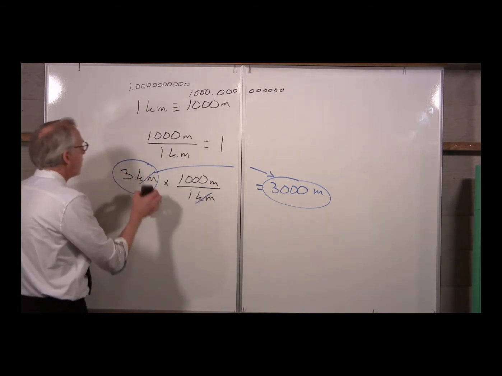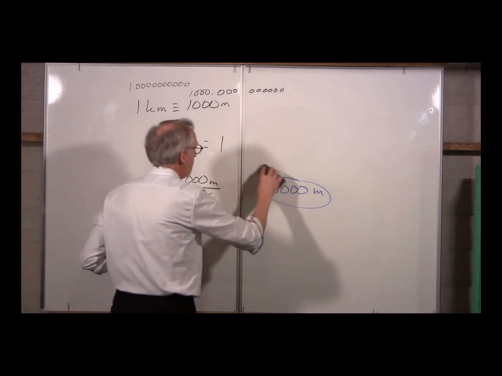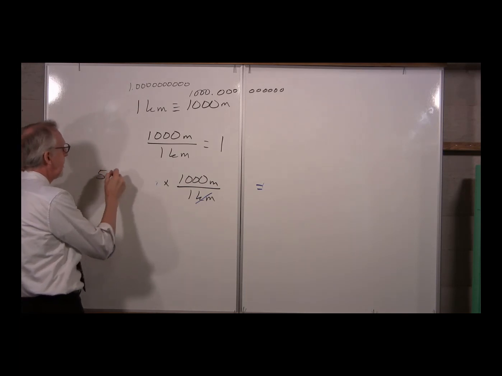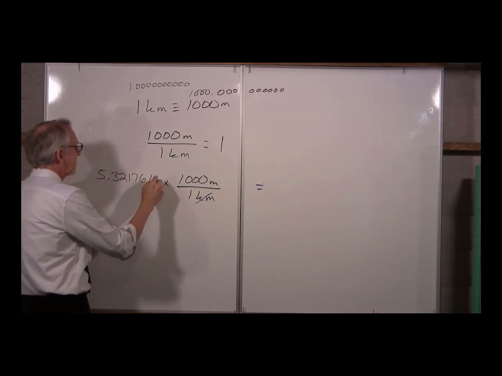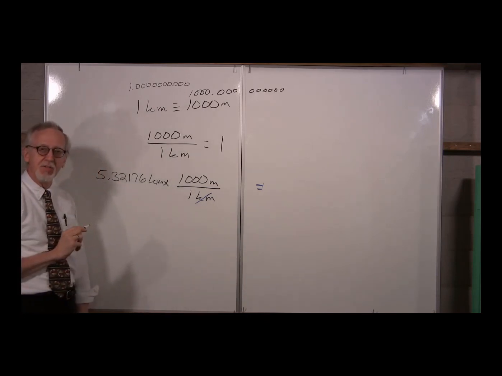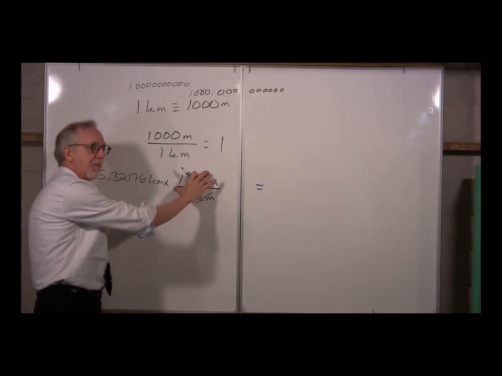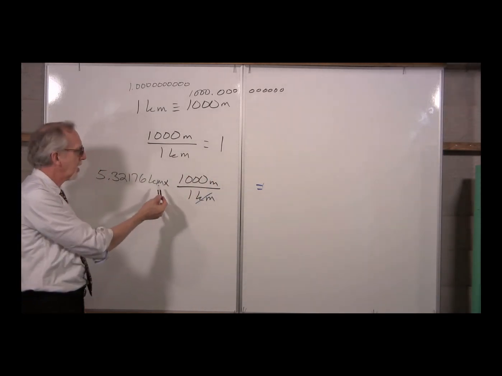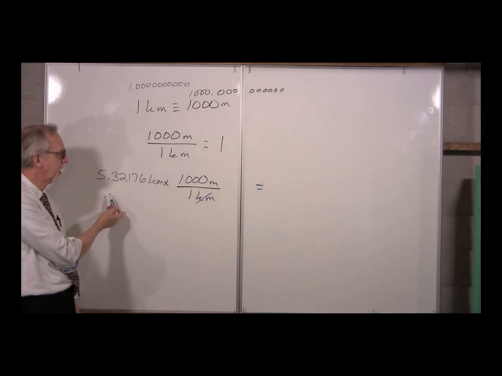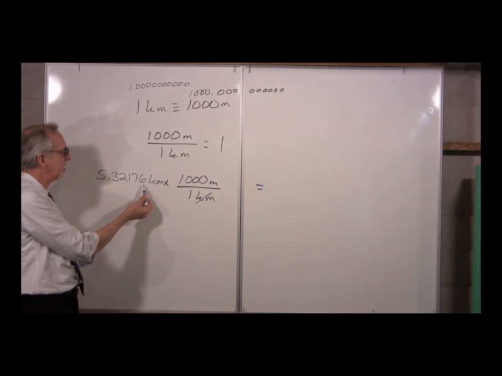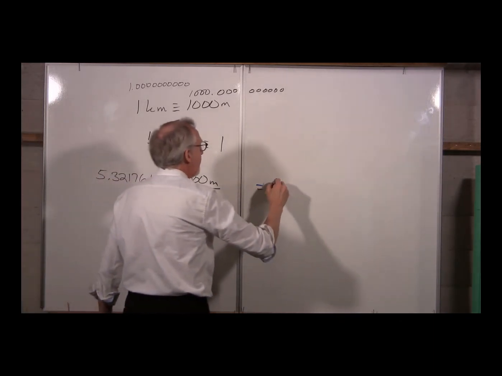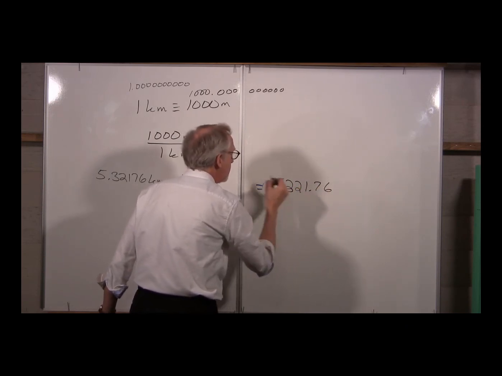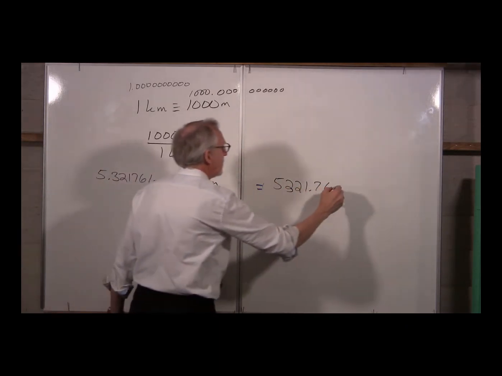So if this were really, let's say, 5.32176 kilometers, and we wanted to convert this to meters, don't worry about how many sig figs you have written in your conversion factor if you know that this is a definition. All you have to do is worry about how many sig figs we have over here. So we take 5.32176 times 1,000 and we get 5,321.76 meters.